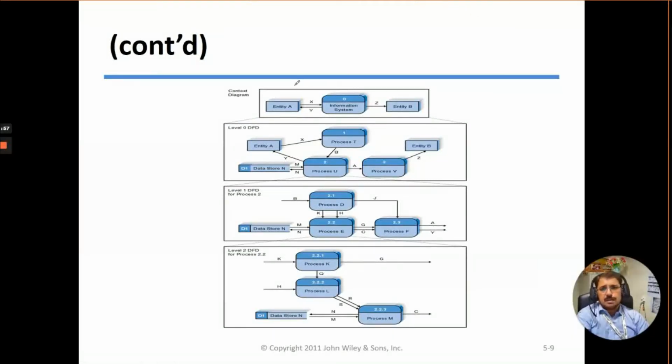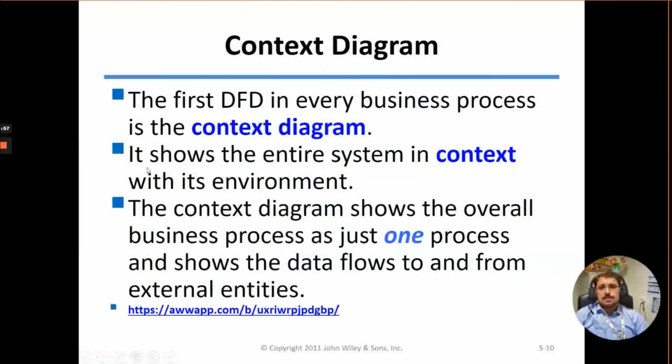The top level, this level only, is called the context diagram. It shows the entire system in context with its environment, meaning it describes the whole system very generally.